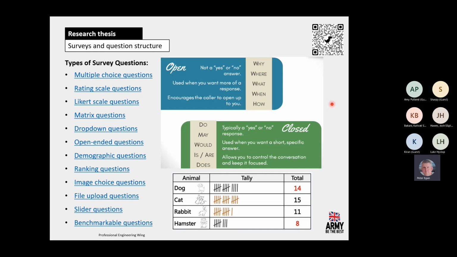But if you go to academics or technical or professional people and you want their opinion, you're probably going to ask more open questions to find out technically where they come from and where that takes you. But if you're just trying to get yes, no answers, then you need to use closed questions. You can't just ask yes, no. You have to give them a get out. So you have to put don't know.